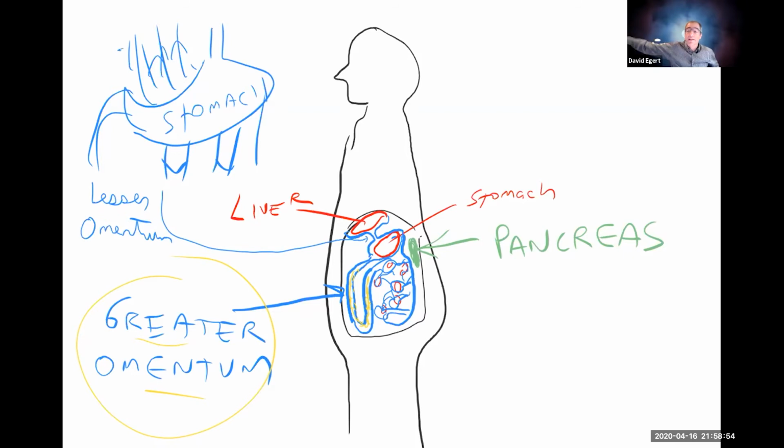It's kind of fun to dissect the pigs, because you dissect the pig, you pull the stomach out, and you know the pancreas is supposed to be underneath it, but it's not there. All you see is a nice shiny membrane. And then you take your little dissecting needle and you pick away that shiny membrane, which is actually the serous membrane. And oh my God, there's a pancreas behind there. So we call this retroperitoneal.